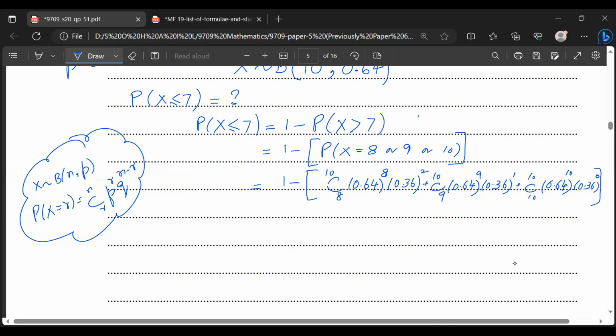So do this calculation carefully. The answer for the first term is 0.164156.